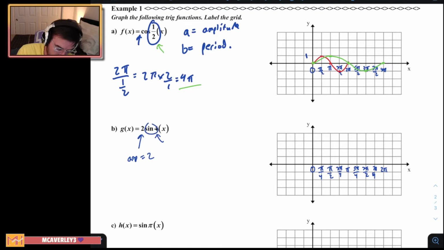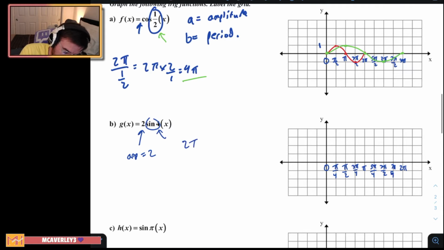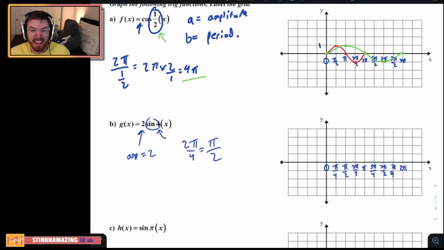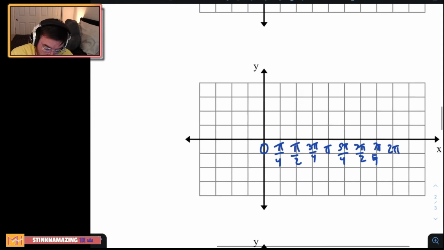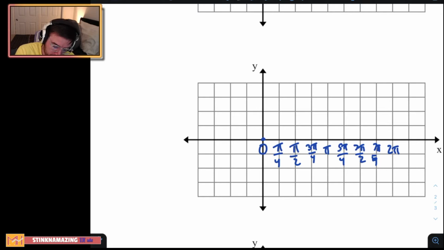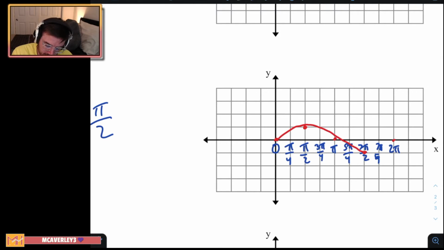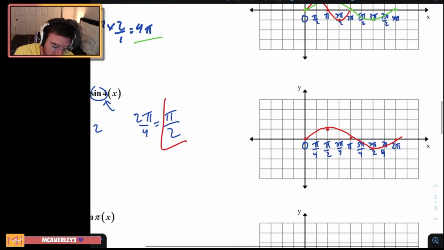So this is sine, and our period, 2 pi divided by 4, that means our period is only half a pi. So where before it would start at 0, let me use a different color so it stands out. We would start at 0, go to pi over 2, pi, down to 3 pi over 2, and 2 pi, right? That's what it normally does. Well, now our period is only pi over 2.